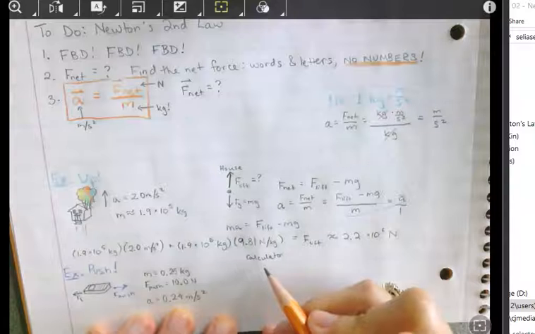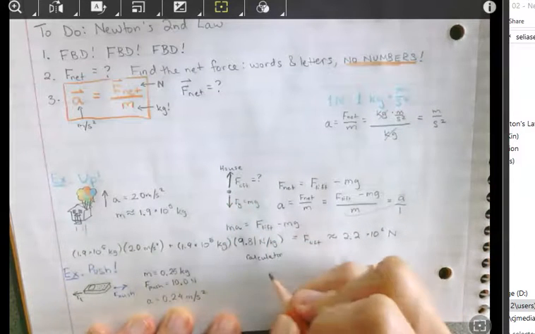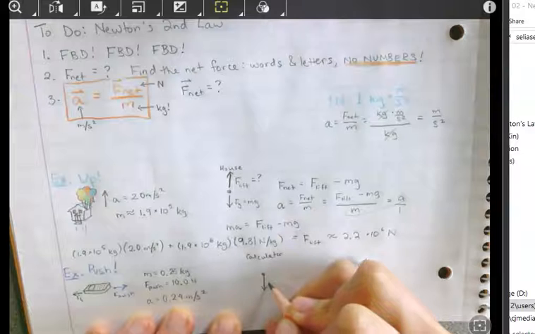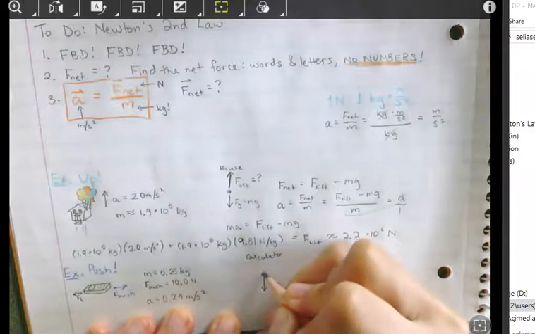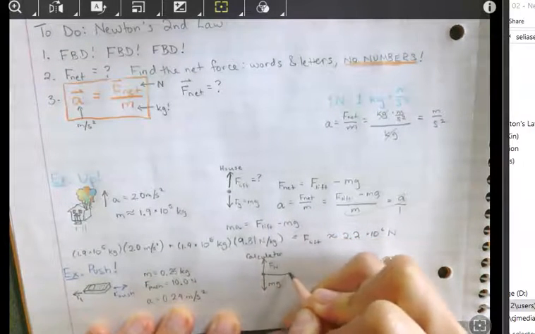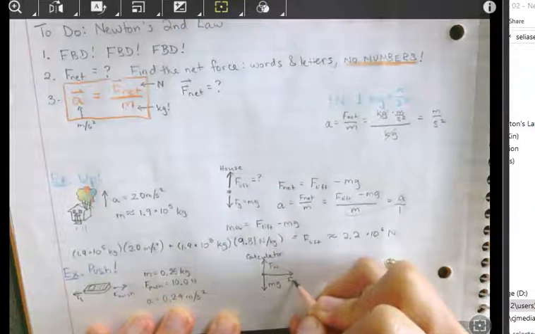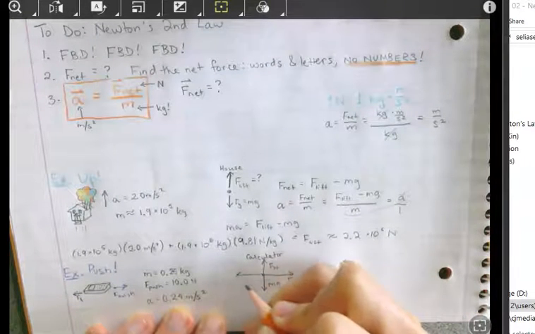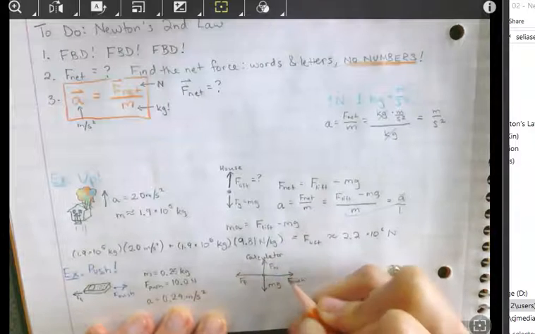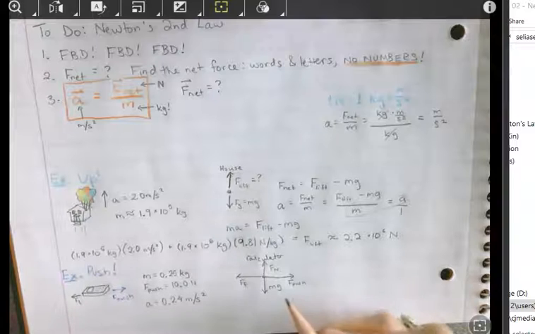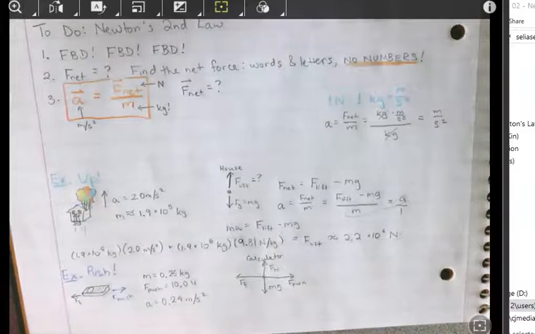Don't expect everything to look like a T. This one has the weight, it has the normal force, it has your push, and it has a force of friction that's a little bit smaller than your push, but not too much else. Now, we've got the mass.